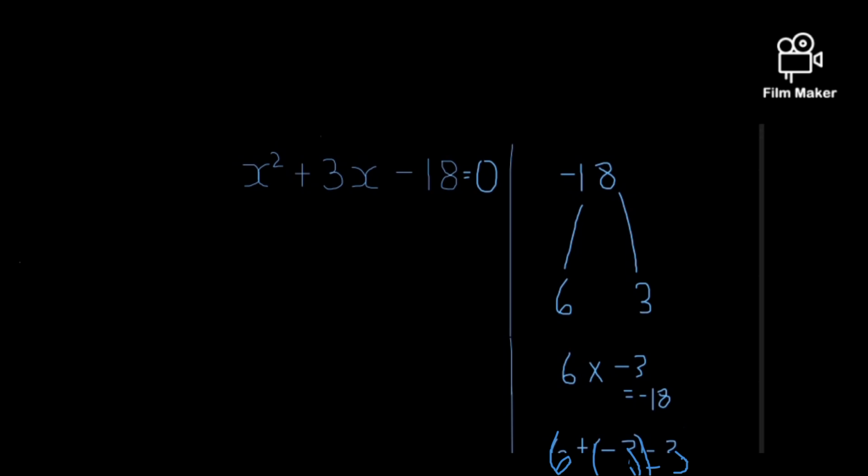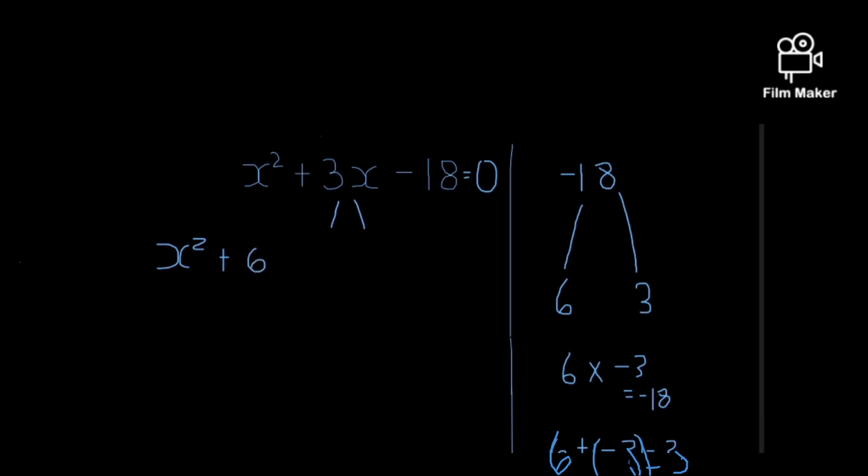So what we're going to do is to split this middle term, rewrite our equation and split this middle term into those two factors. So we'll have x squared plus 6x.